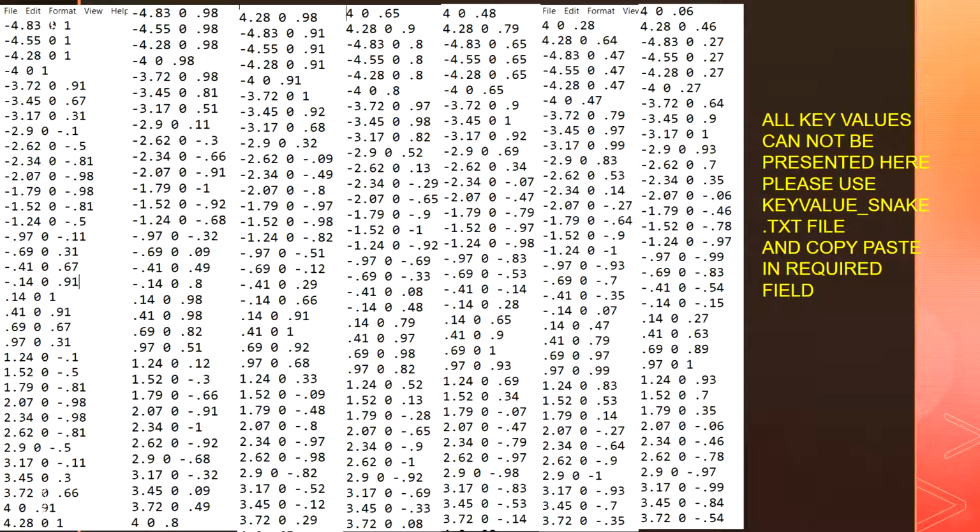You can directly copy and paste these key values because it is not possible to present all the key values directly over here. You can refer to a separate text file which is available in the description. You can download that text file and directly copy and paste those values in the required field.